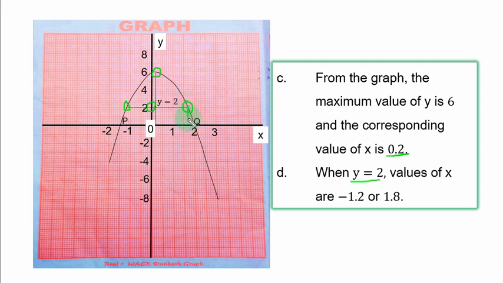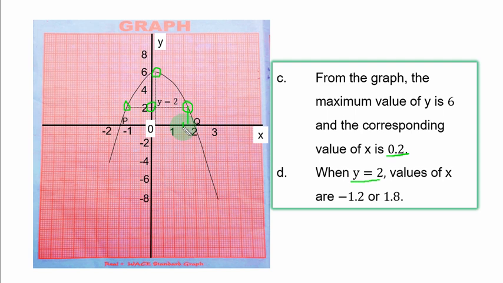One point is here, and when you start counting from 1, the middle here is 1.5, so you have 1.6, 1.7, then 1.8. That is what you have.